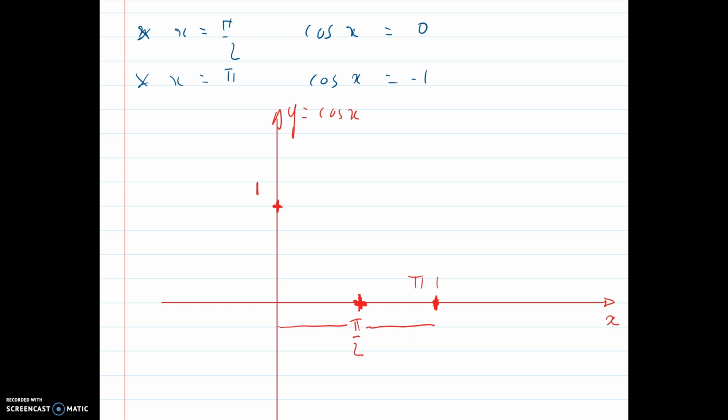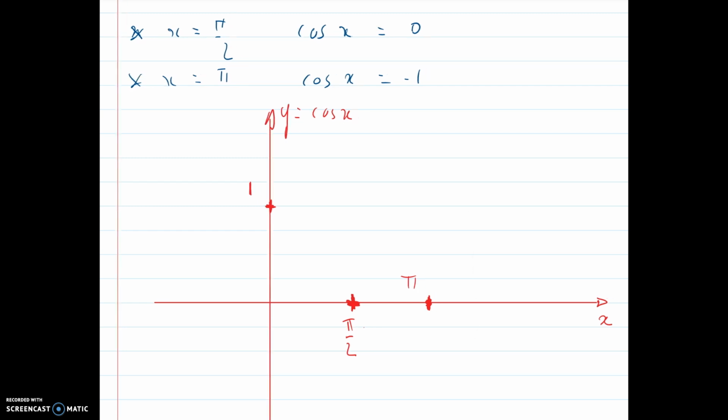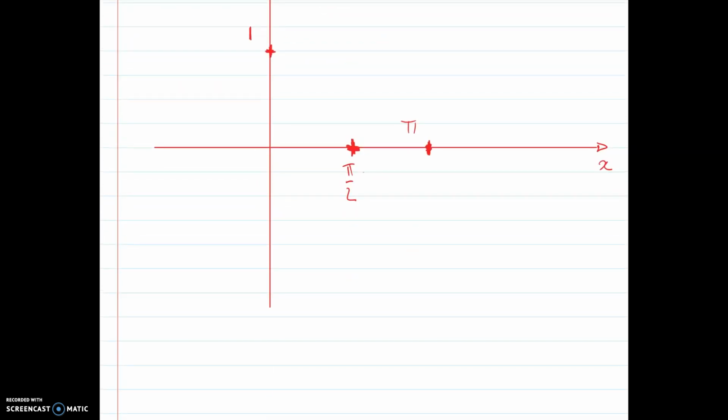Okay. We are at negative 1. 1, 2, negative 1. I'm right here. So at 3 pi over 2, I'm at 0. And at 4 pi over 2, which is 2 pi, I'm back again at 1.